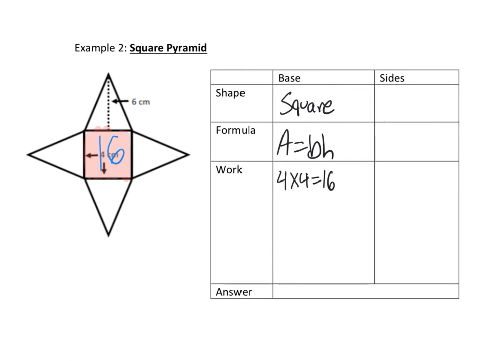So again, sides can also be called faces. And the shape is a triangle. The triangle formula is area equals base times height divided by 2. Now let's highlight these so we know they are the same. Again, color coding helps us organize our thoughts and our work.